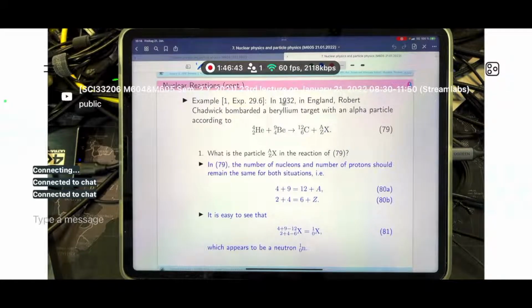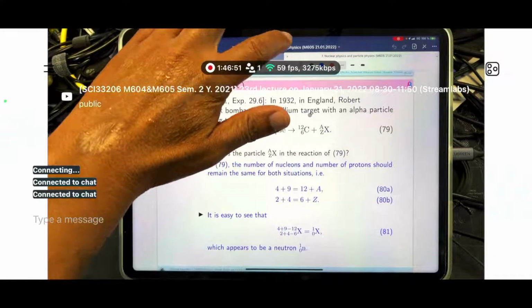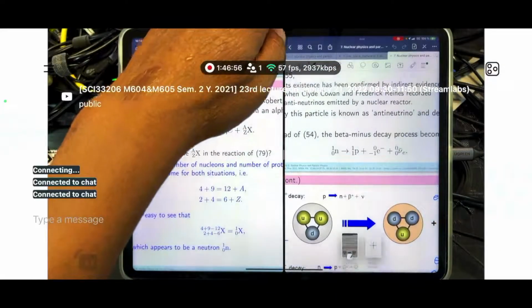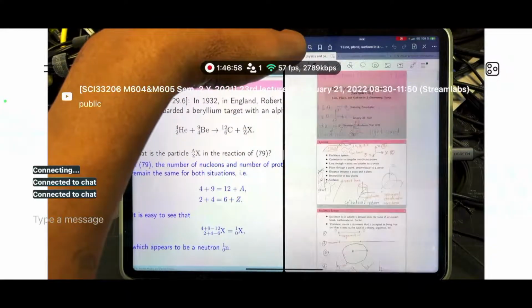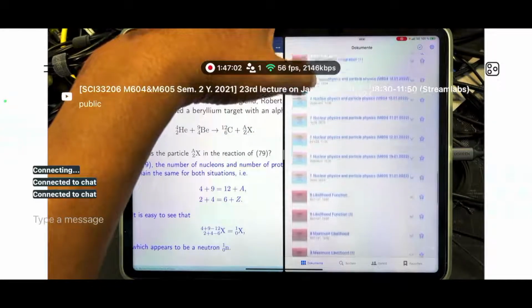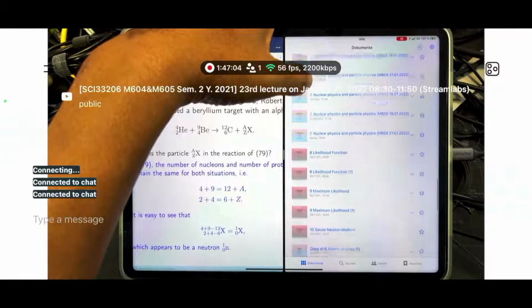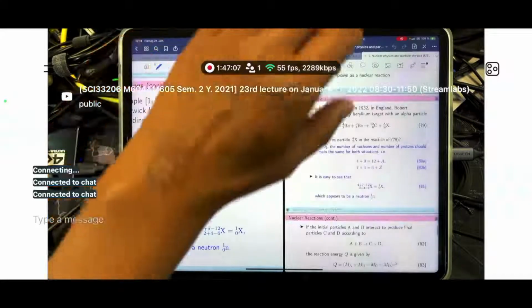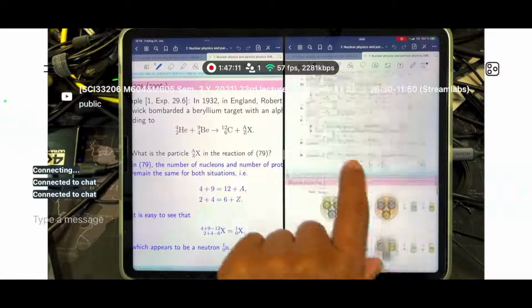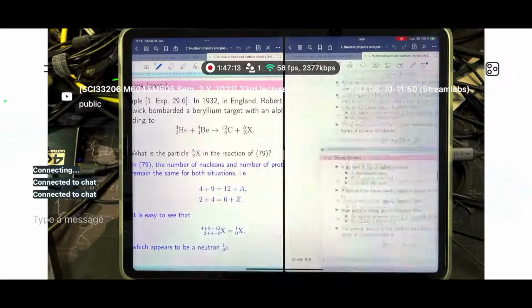In 1932 in England, Robert Chadwick bombarded beryllium. Let's open another file in nuclear physics, the one for M605, and go to the table of beryllium.